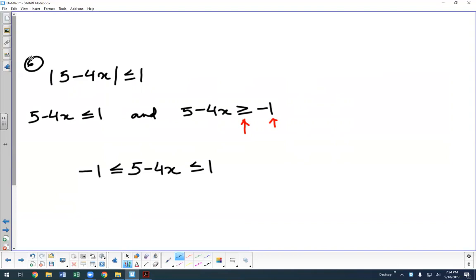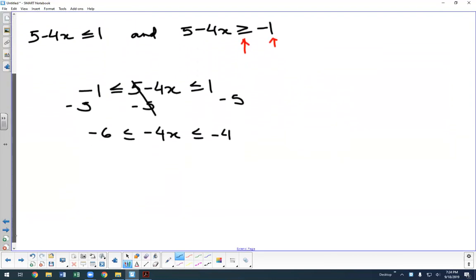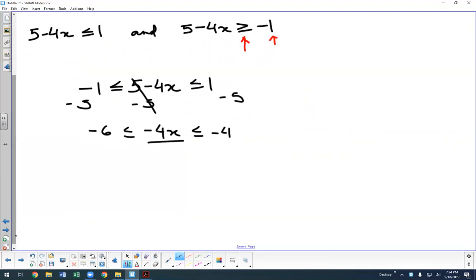So this guy will actually end up giving you, if I subtract that 5 on all three sides, negative 6 here, negative 4x in the middle, and what's that? Negative 4 on the right-hand side. You are again dividing everything by negative 4. Since we're dividing everything by negative 4, this direction will change.